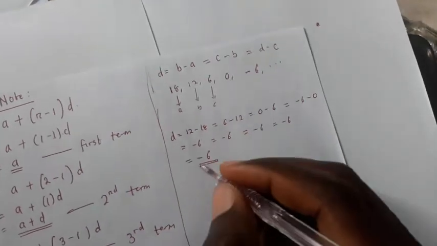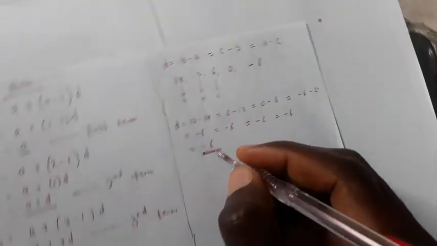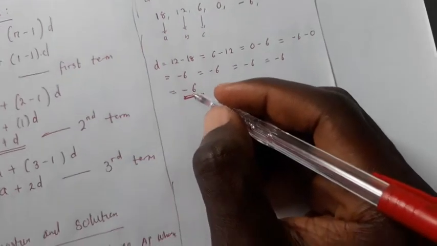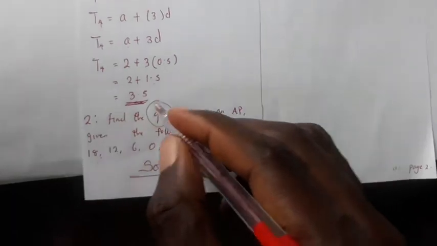Since we have gotten the common difference to be minus 6, we are going to get our ninth term, the 9th term that the question said we should get. Find the 9th term. So 9th term is our target, which is T9. All right.